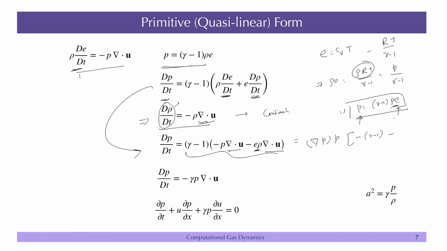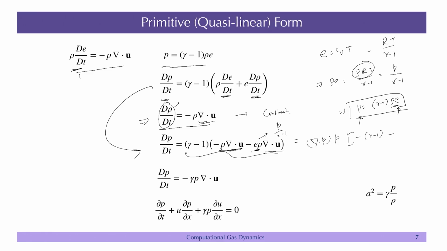Okay. So, this is minus gamma minus 1, I am taking p del dot u, and this is basically p by gamma minus 1, right. Rho E is p by gamma minus 1. So, you can take this together and then work that out.